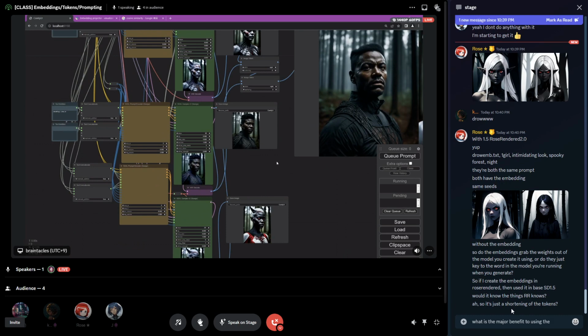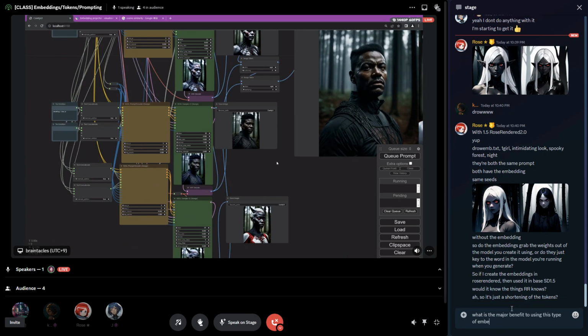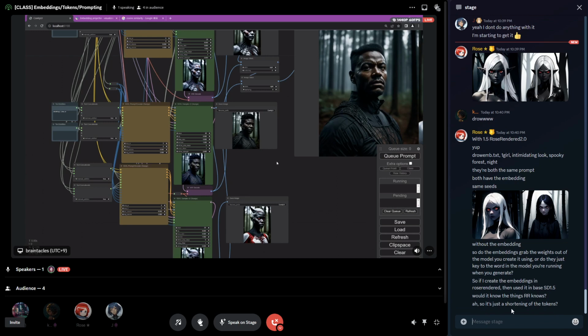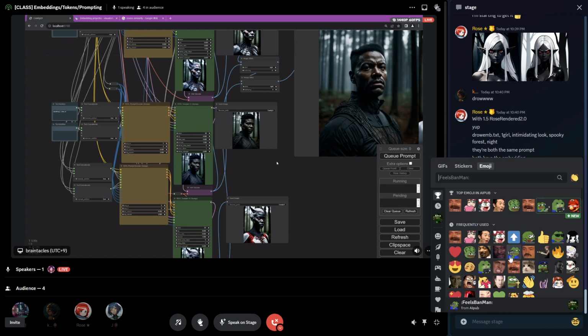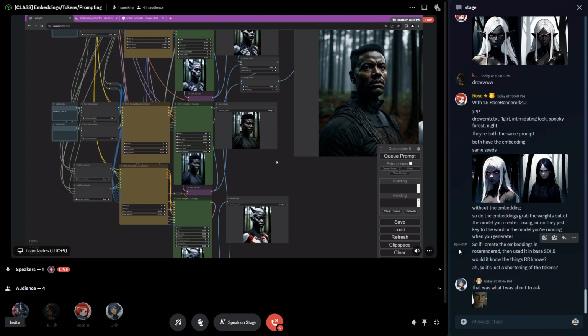So it's just a shortening of the tokens. Yes, that's really all it is. You can train them, but unless you're doing something very specific, like a very specific person, I don't really see much benefit to that, especially given the amount of resources it takes.